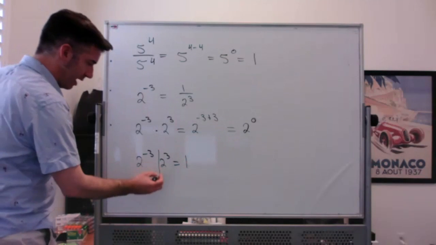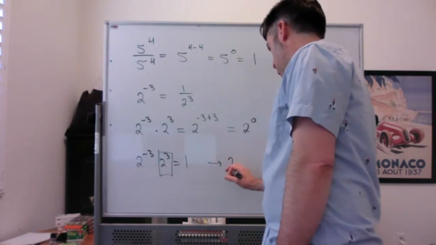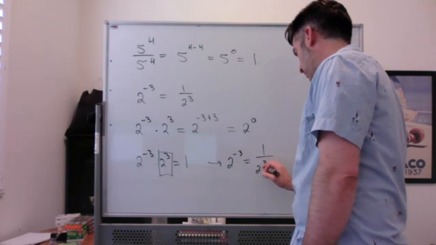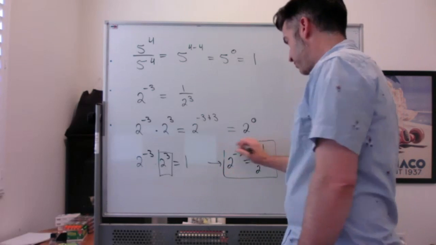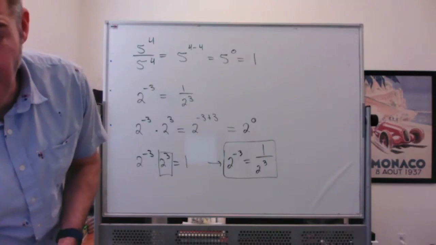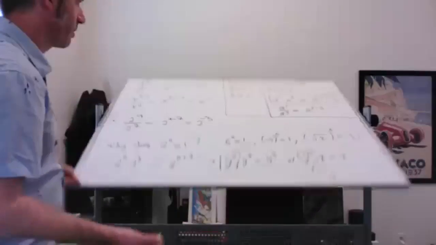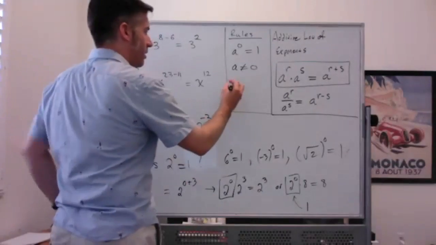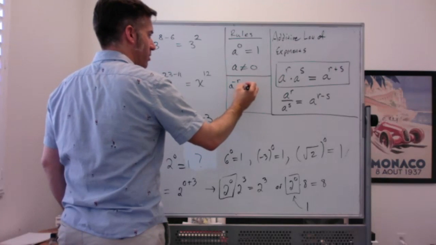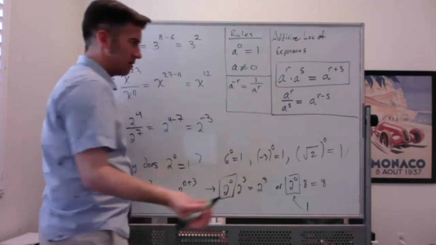And then we can divide both sides by 2 to the third and say that 2 to the negative third is equal to 1 divided by 2 to the positive third. And that's another rule that we have. If you have a base to a negative power, it's 1 over the same base to the positive power.